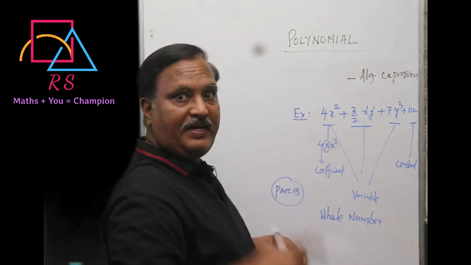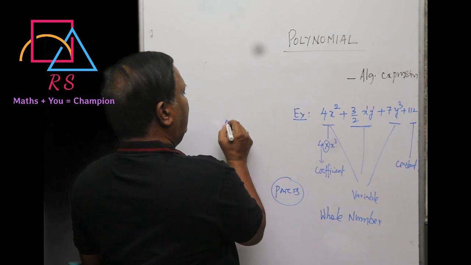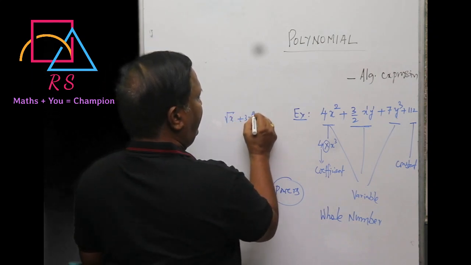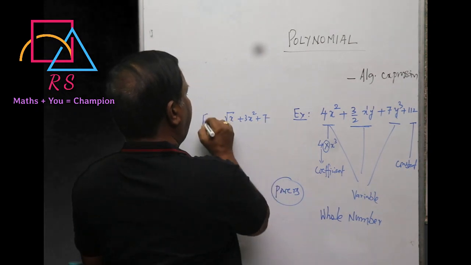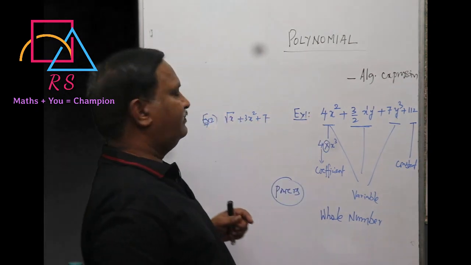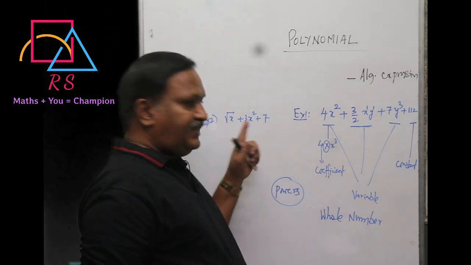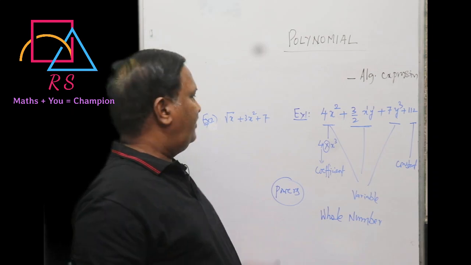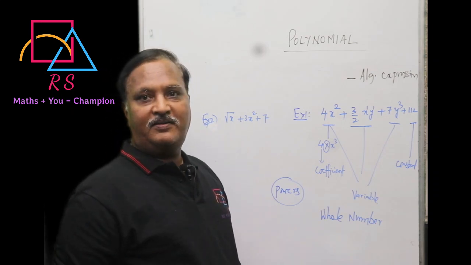Let me write one example here. For example, square root of x plus 3x square plus 7. This is example 2, and the earlier one is example 1. This is an algebraic expression. Let us check whether this is a polynomial or not.